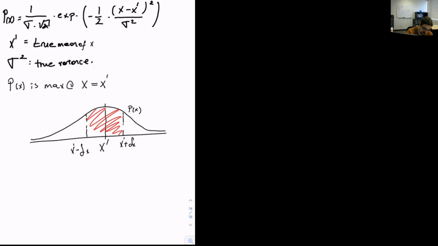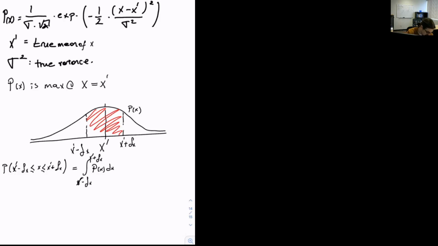Written in integral form, I change the limits to these ranges, from x naught minus dx to x naught plus dx, of p(x) dx.